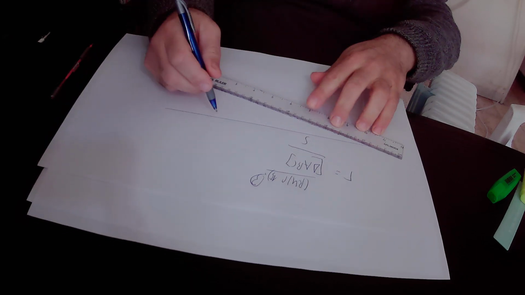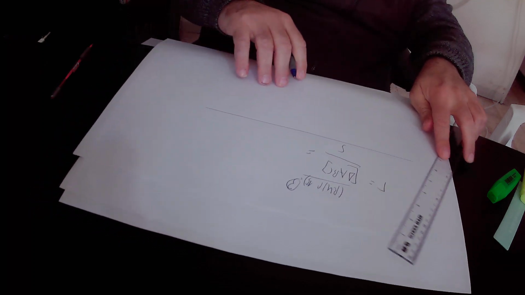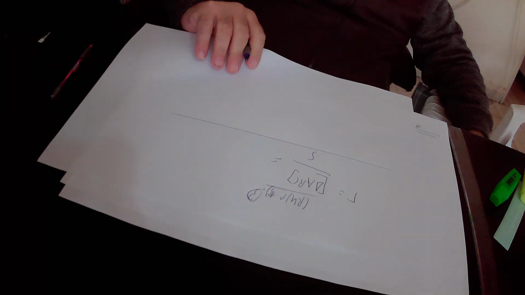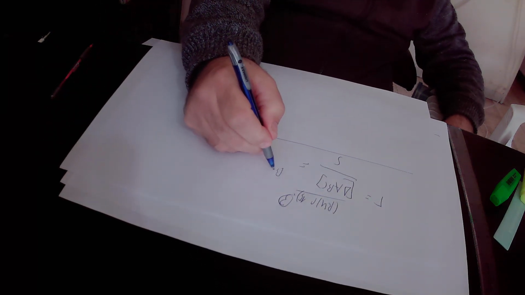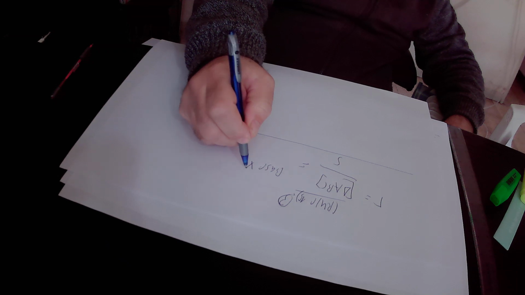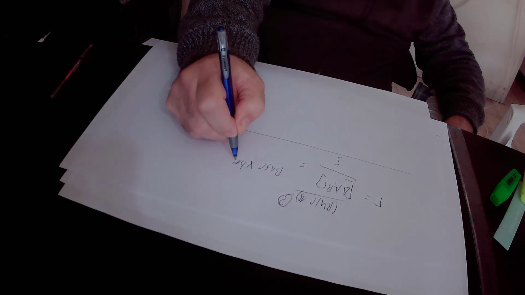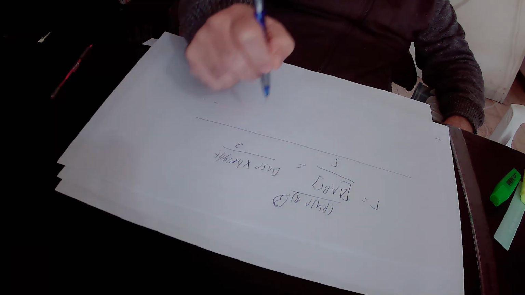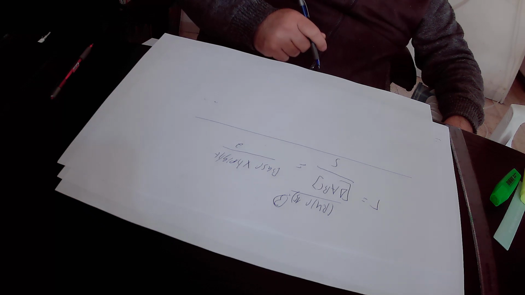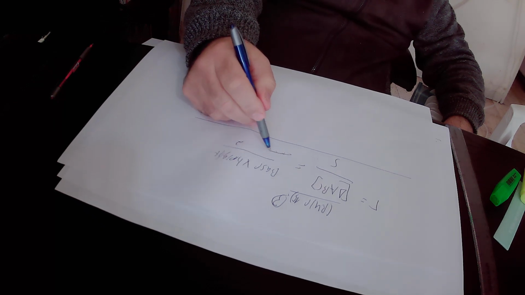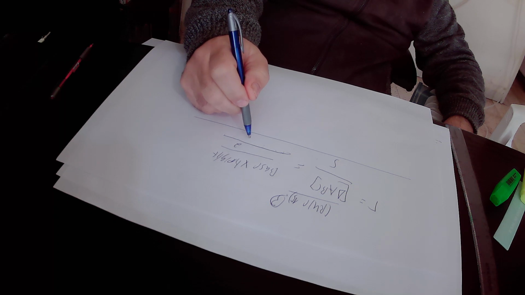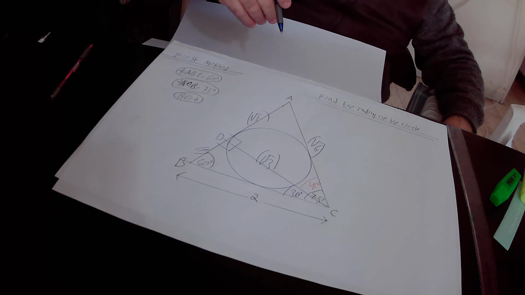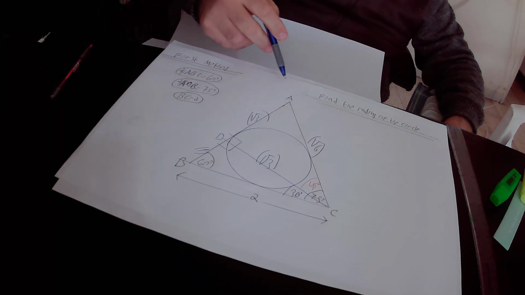So, what is the area of triangle ABC? The area of any triangle is equal to the base of the triangle times the height to the base over 2, all divided by the semi-perimeter of the same triangle, triangle ABC. So we choose the base of triangle ABC as AB.